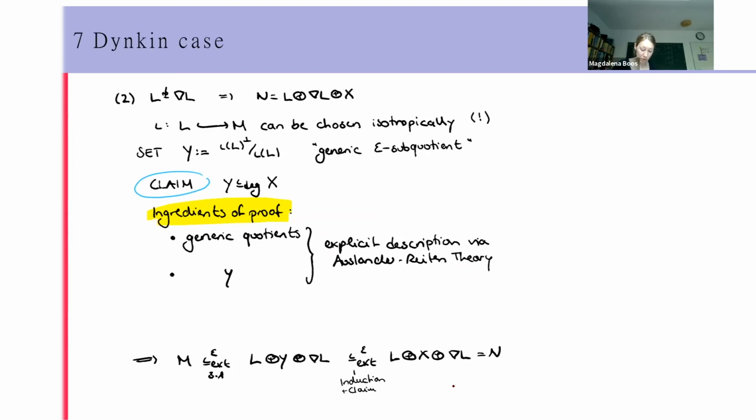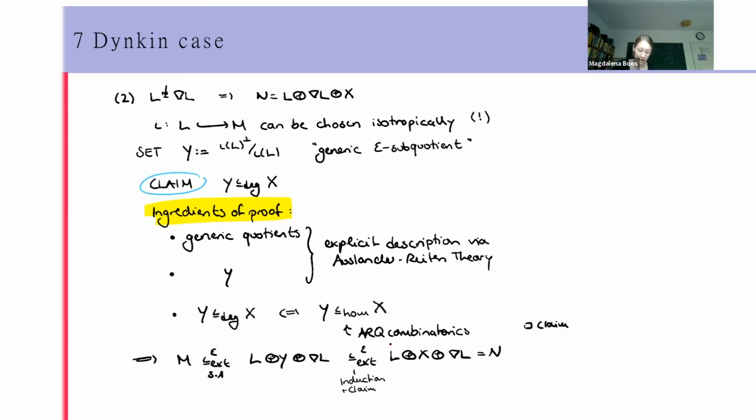We need to understand what these generic epsilon subquotients look like in terms of the generic quotient, so also in the Auslander-Reiten quiver. And then we use Sauter's result that the degeneration is the same as the Hom order, so that we can actually prove this by explicit construction. Okay, and then we're done.